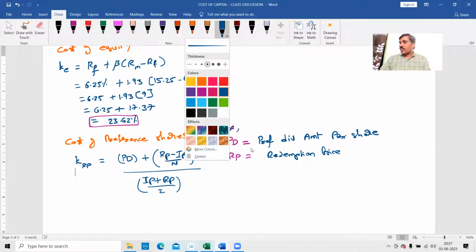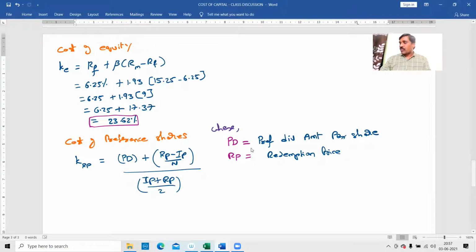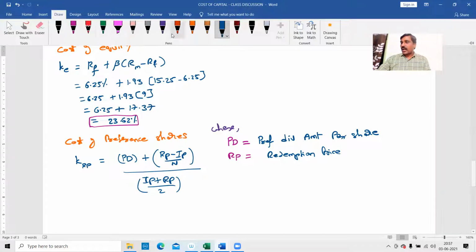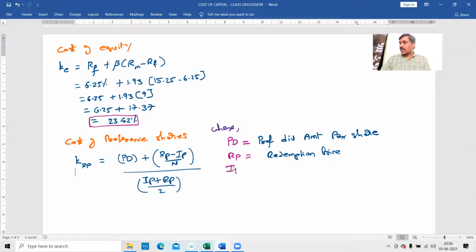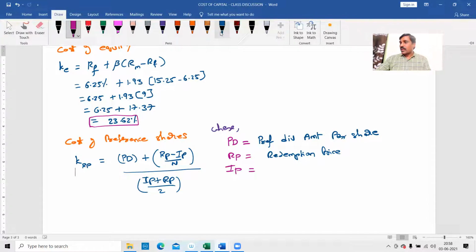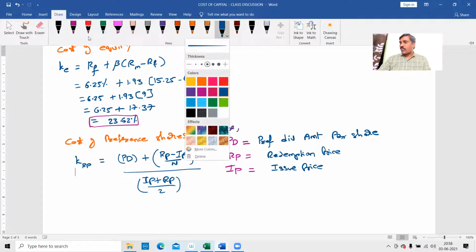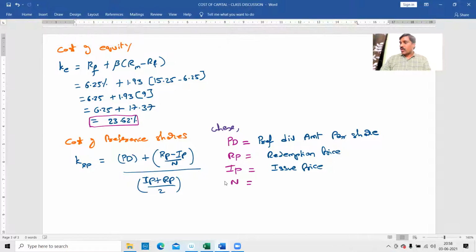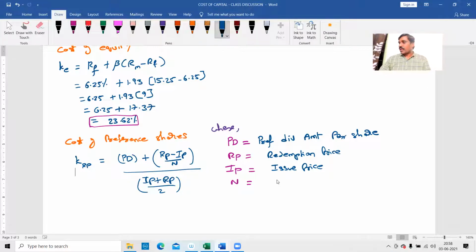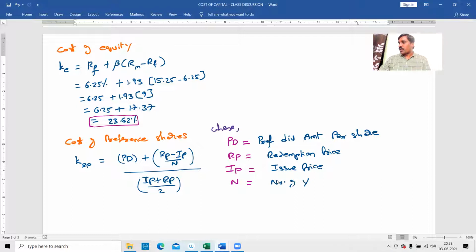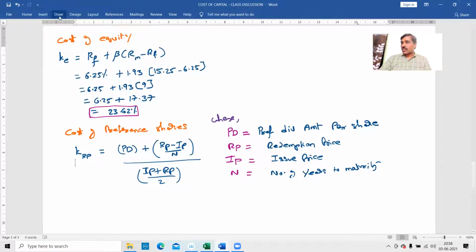IP is equal to issue price. N is equal to number of years to maturity, the balance term to maturity.